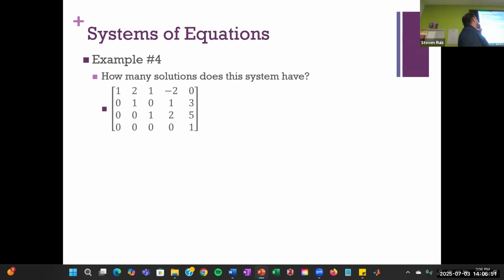Essentially 0 equals 1, because how many variables are in this system implied by this matrix? 4. And the fifth column is always the constants on the right-hand side of the equals. So essentially this bottom row says 0 equals 1, which means what? This is inconsistent.